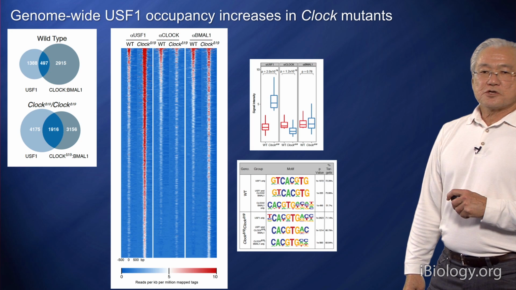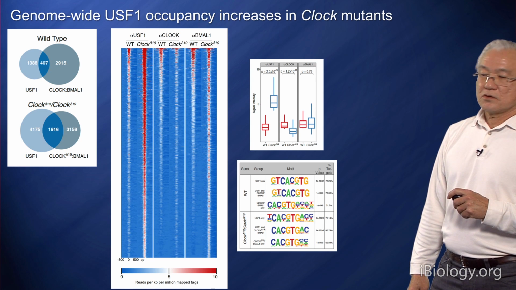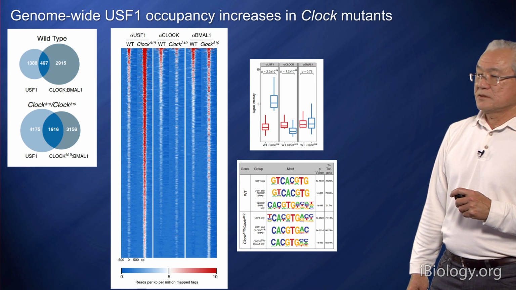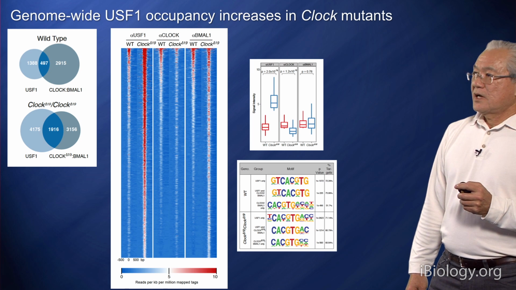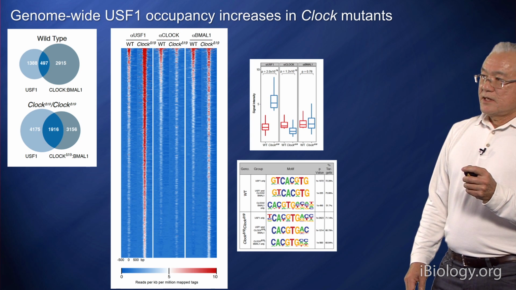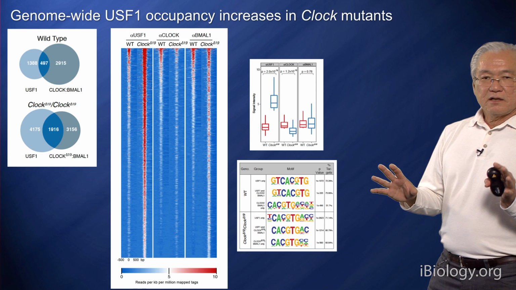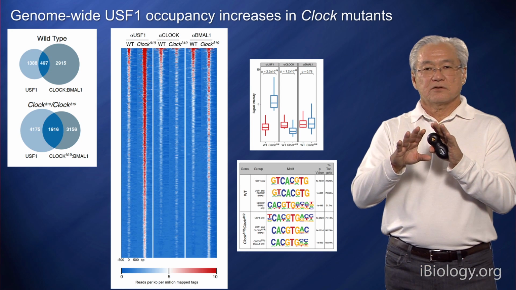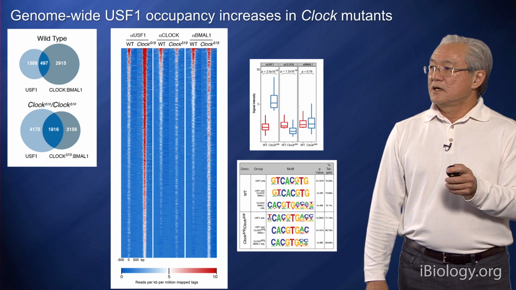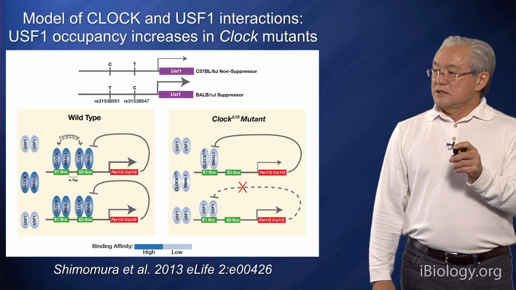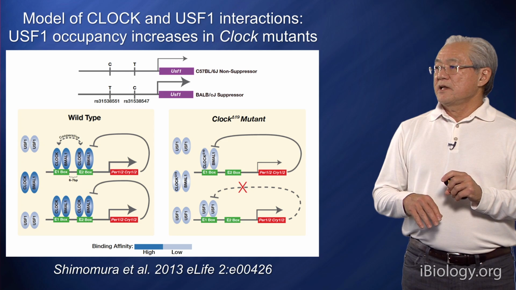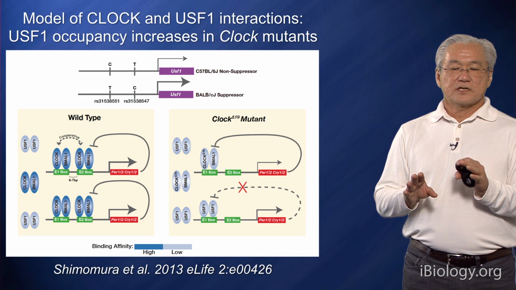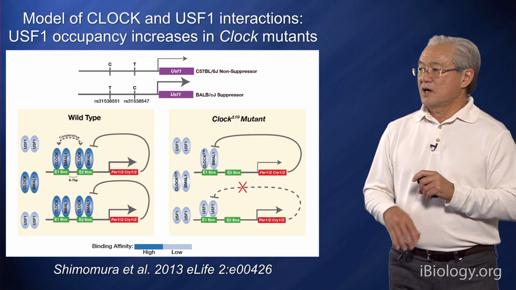But there isn't so much difference in clock or B-mel occupancy. So this suggests that indeed USF1 and clock do interact on a very large scale across the entire genome. And this could explain how USF1 is actually suppressing the effects of clock.